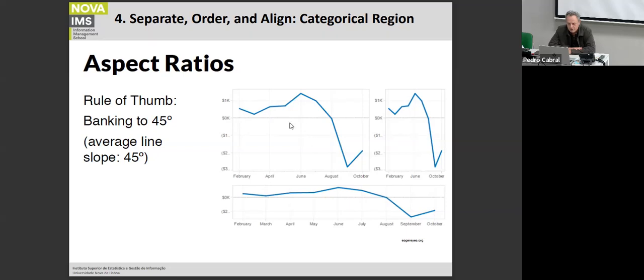Maybe the first chart shows some change. In the second chart, you show a dramatic drop. But if you want to show stability, maybe I'll choose the third chart. So which story do you want to tell? We can control this. This is all correct.